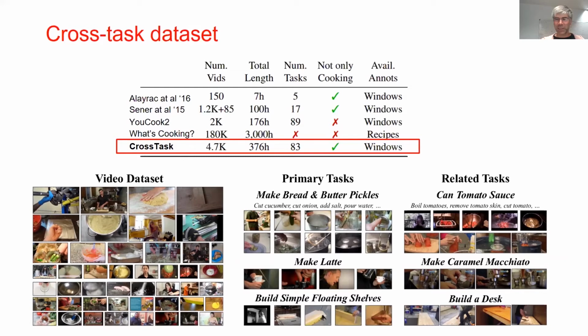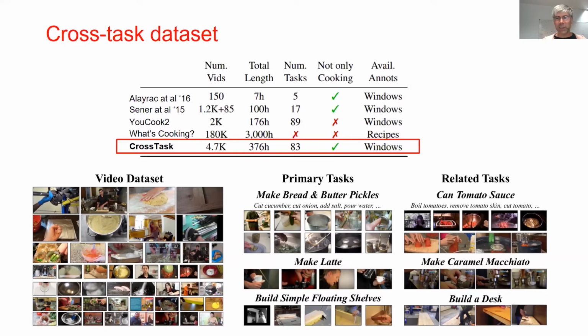It also has a set of tasks which we call primary tasks, where we have precise annotation of actions and labels of actions. The related tasks are not annotated, but they actually help to solve the problem.